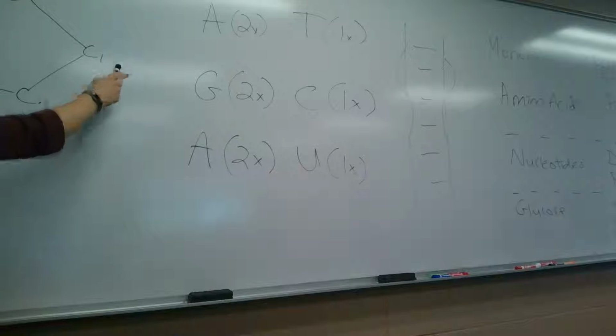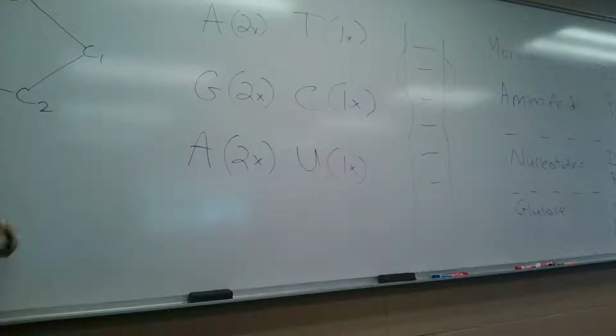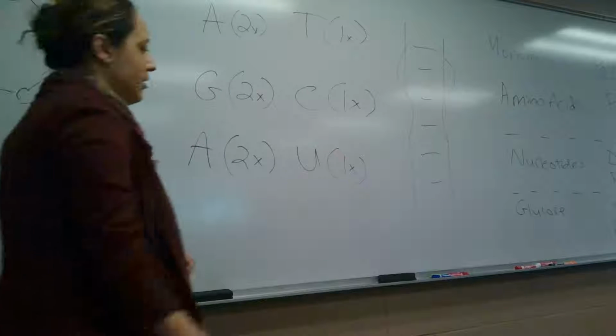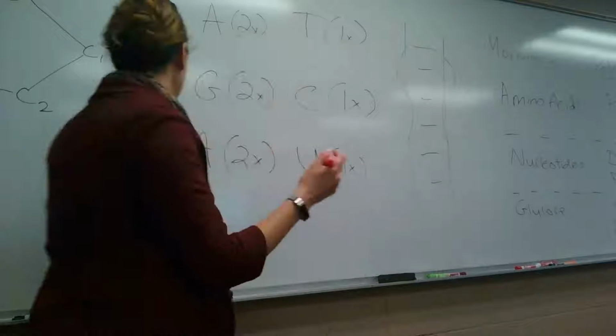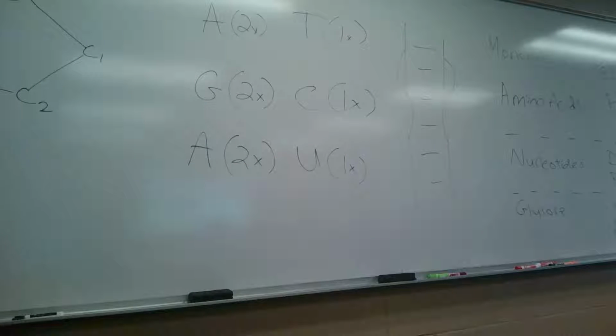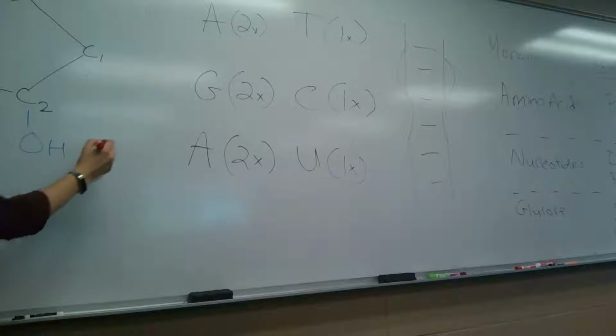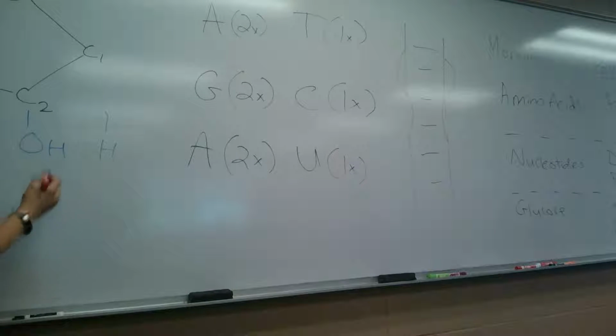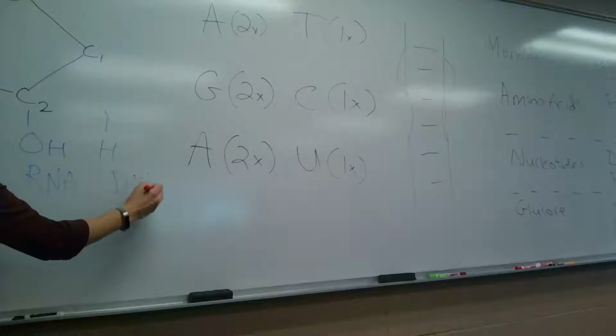So C1, we're not so interested in. C2 is the one where we can either have a hydrogen or we can have a hydroxyl, depending on if we have RNA or if we have DNA. So this would be RNA, and then this would be DNA.